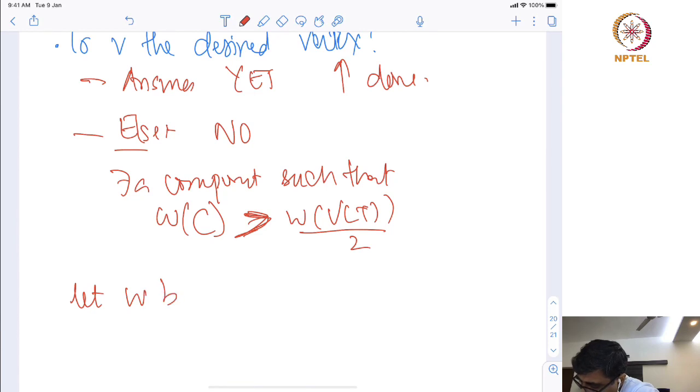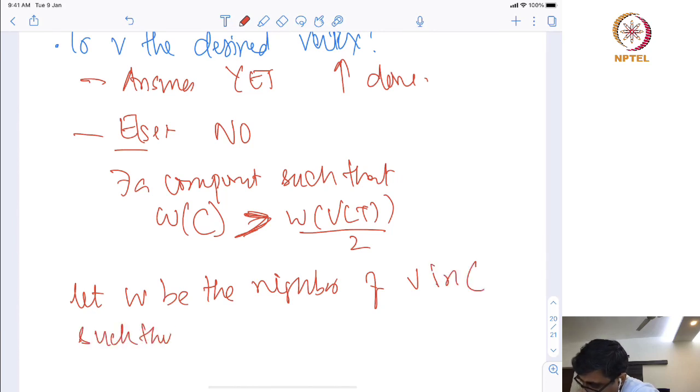Let w be the neighbor of v in C such that weight of C is greater than or equal to half the weight of the vertex set.